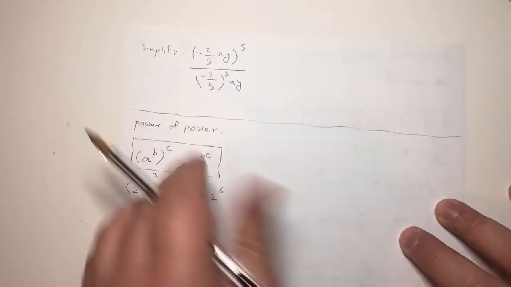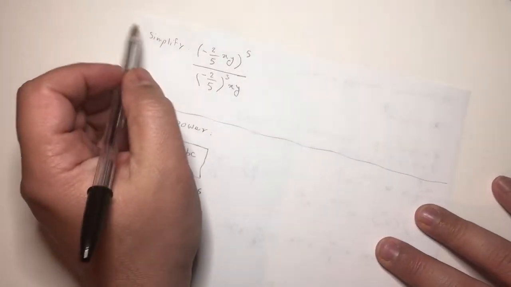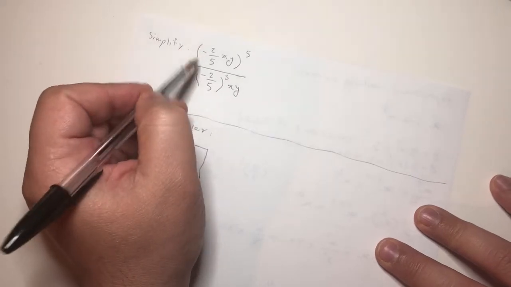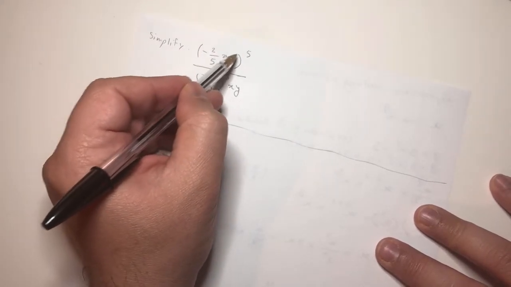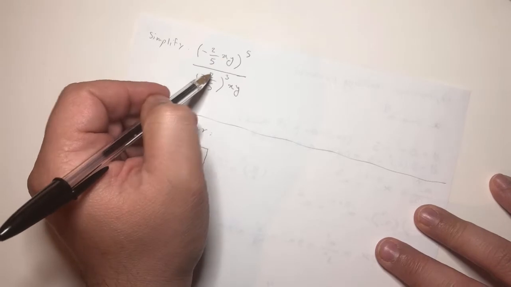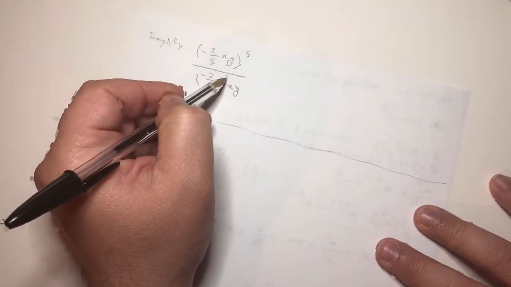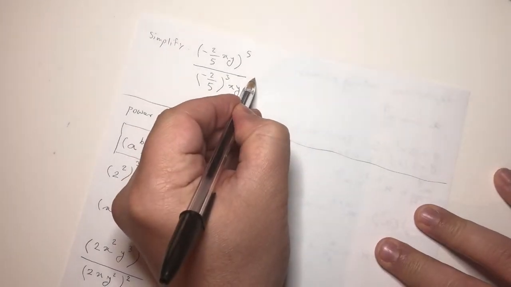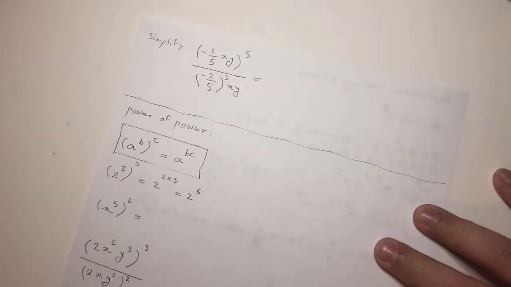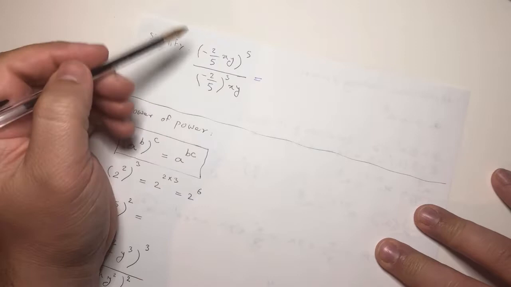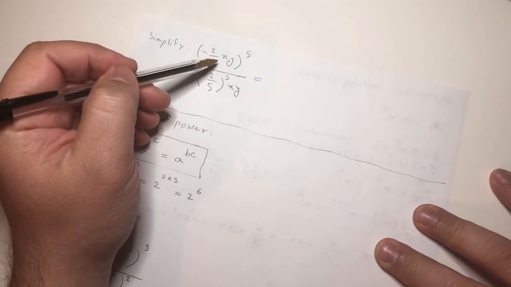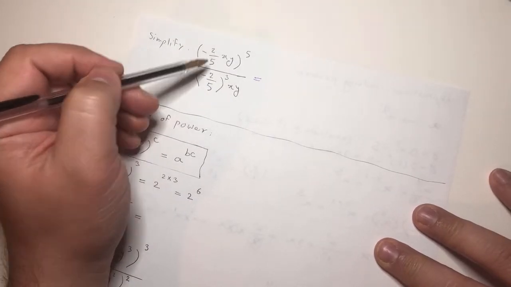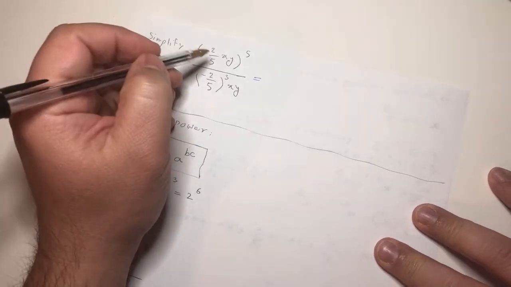Now let's do this example here. Simplify (minus 2 over 5) xy to the power of 5 divided by (minus 2 over 5) to the power of 3 multiplied by xy. First, you have to look here to see if you have anything common between numerator and denominator, right?